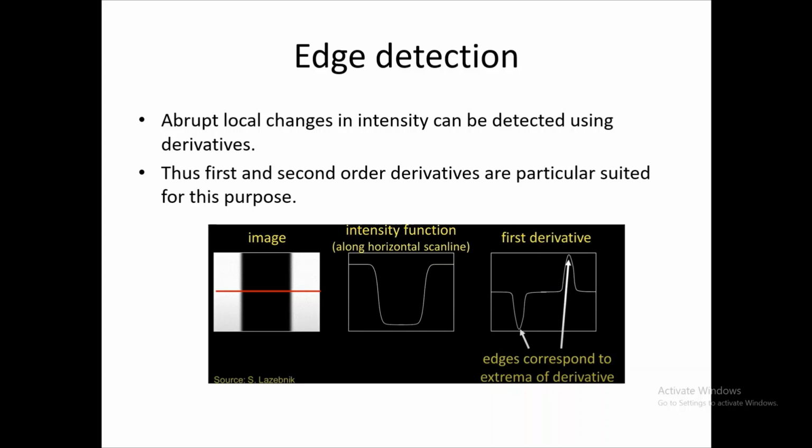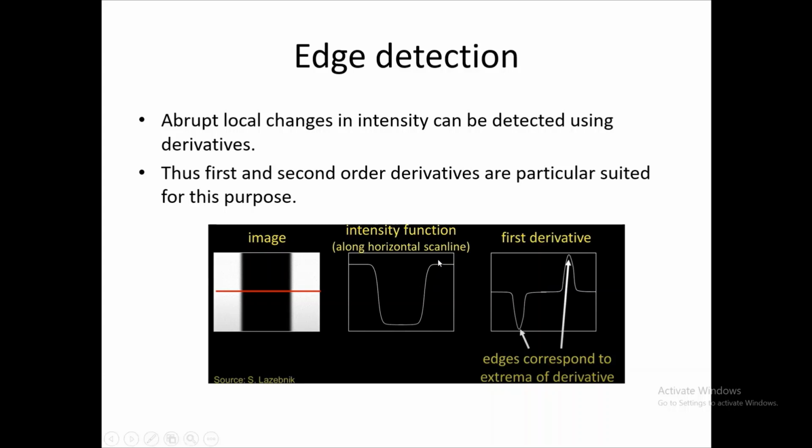In the next figure we can see the intensity profile, or intensity value, along this horizontal line. Here it starts out high, then comes down smoothly and goes back to high again.